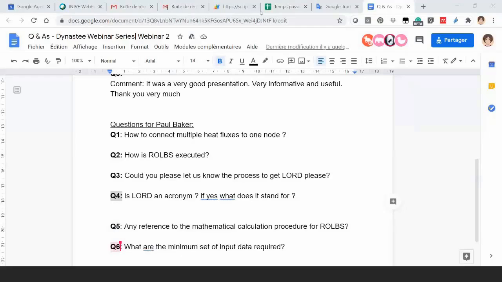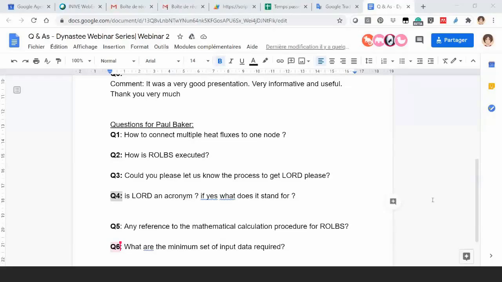And PRBS is pseudo-random, because pseudo, it is the person that is applying this technique. He knows exactly which frequencies he prefers to have the heating executed. So there is an article about PRBS and ROLBS, and I can make it available for who is interested in it.